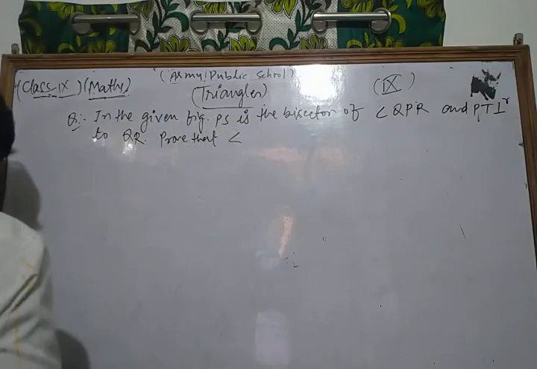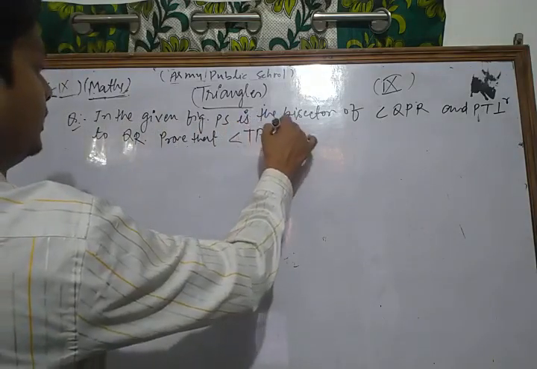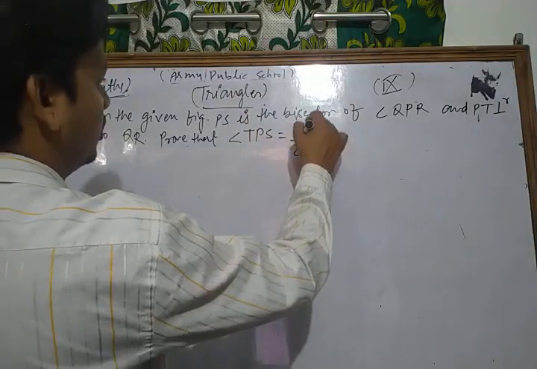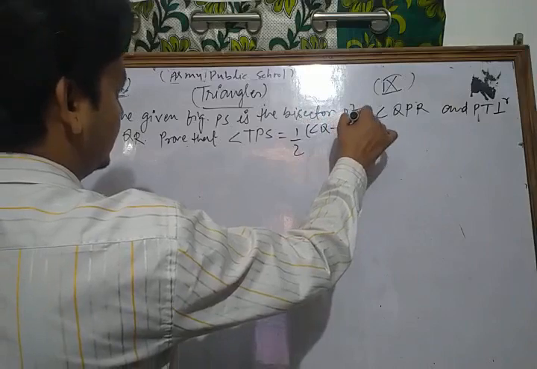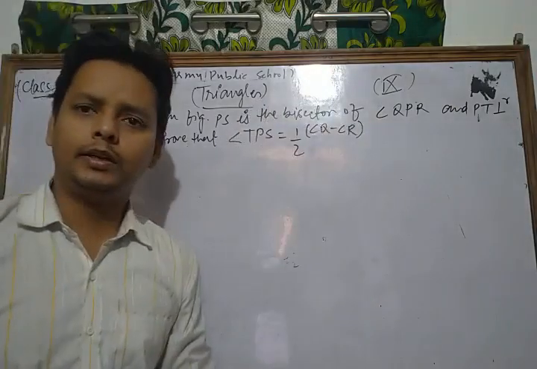Prove that angle TPS is equal to 1 upon 2 of angle Q minus angle R.